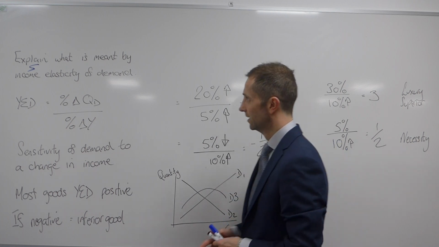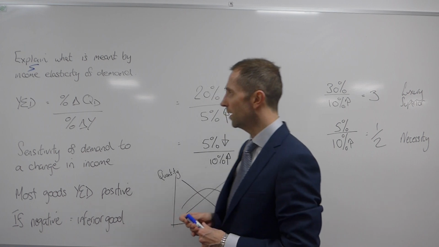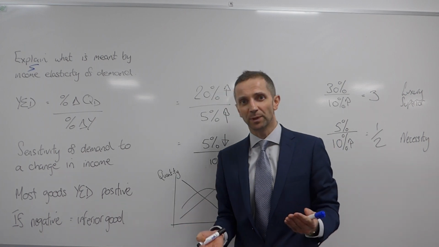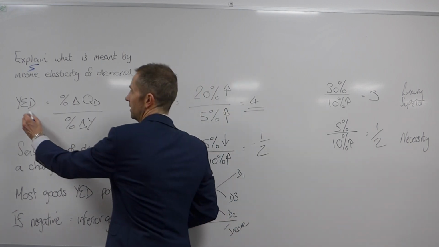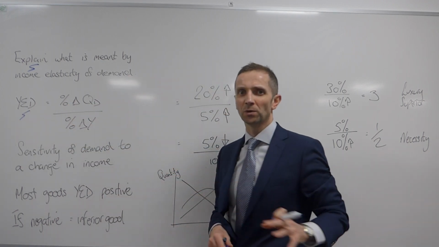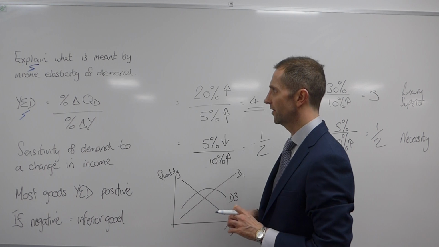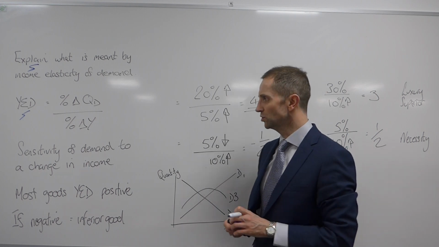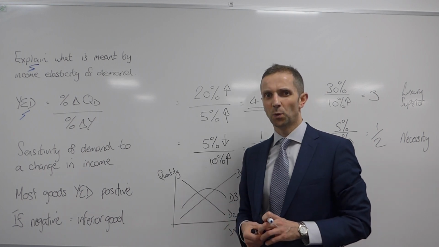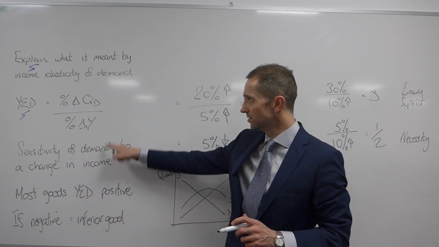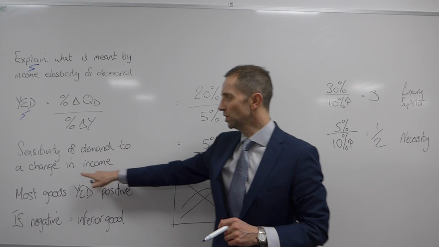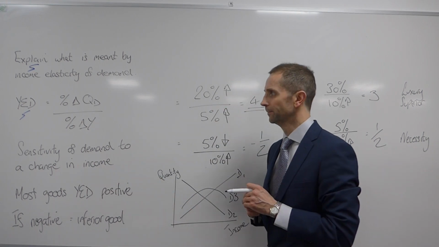Let's consider the equation. YED, remember, is the abbreviation for income elasticity of demand, and it is the percentage change in quantity demanded divided by the percentage change in income. So what is that measuring? It's measuring the sensitivity of demand, top line, to a change in income, bottom line.